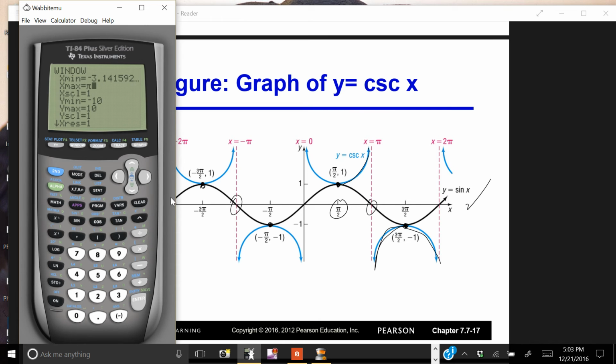And let's keep the minus 10 and the plus 10. Oops. Okay, should be 1 over sine of x, 1 divided by sine of x. That should be cosecant.